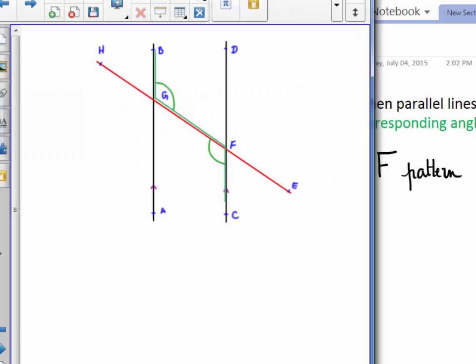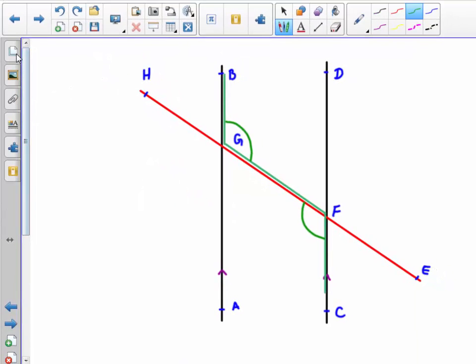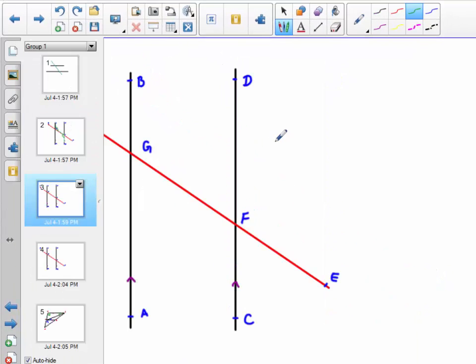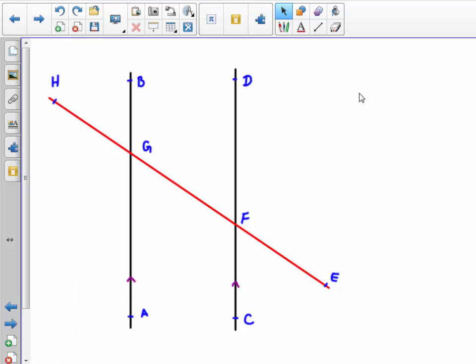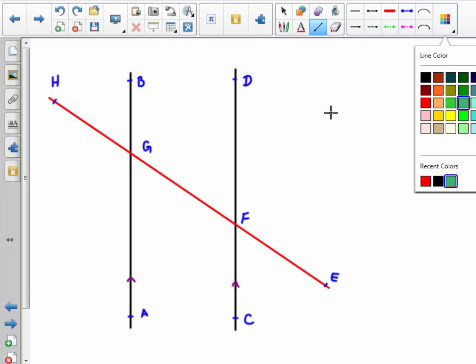So if I move to another drawing, the same that we had before, again, let's discover together where I can find two corresponding angles. So again, I'm gonna try to draw with the green line so we can see it better.